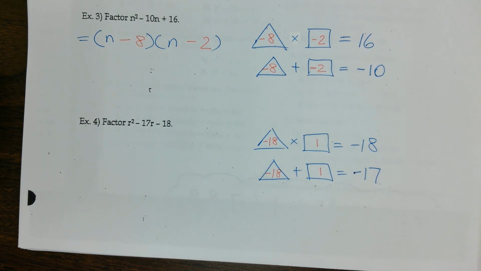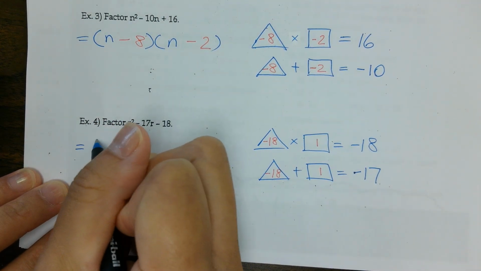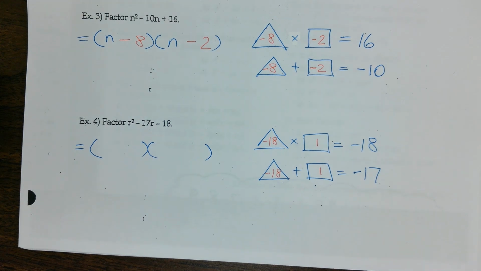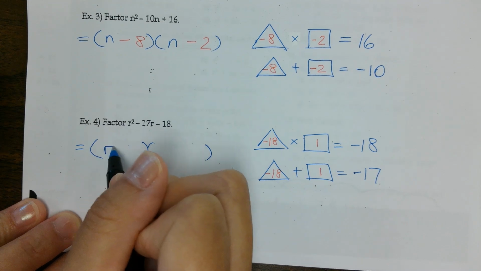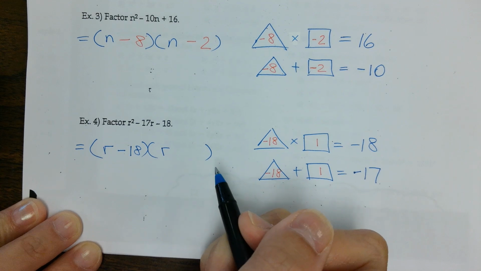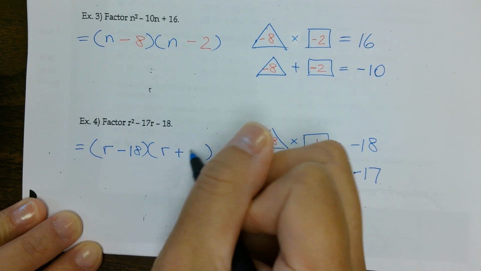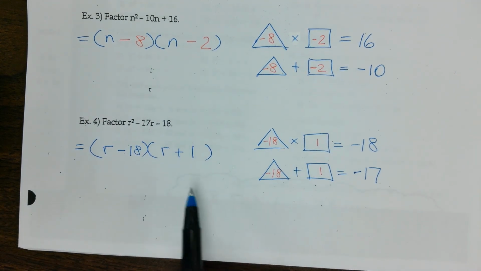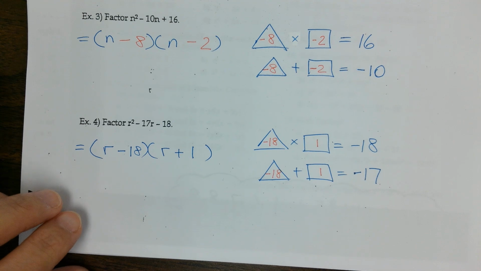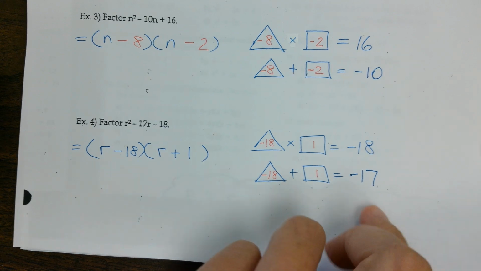It doesn't have to be both positive or both negative. It could be a combination. So how do you write your final answer? Hazel? r minus 18 and r plus 1, right. So it's always your triangle number and your square number. Easy enough? Okay. So a lot of people like this method because it works.